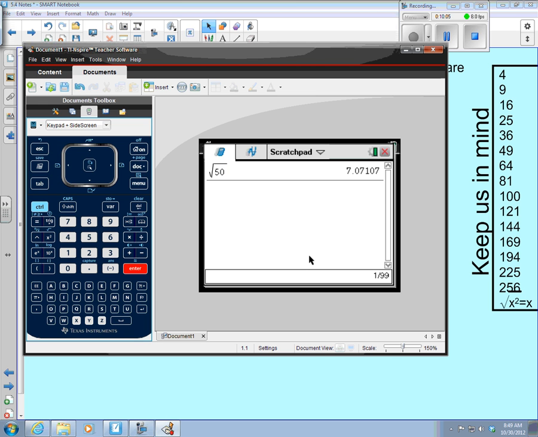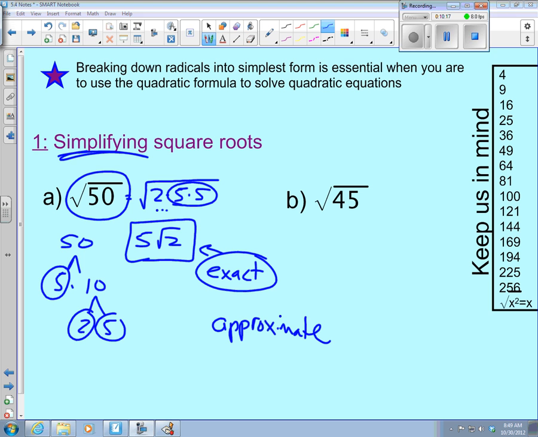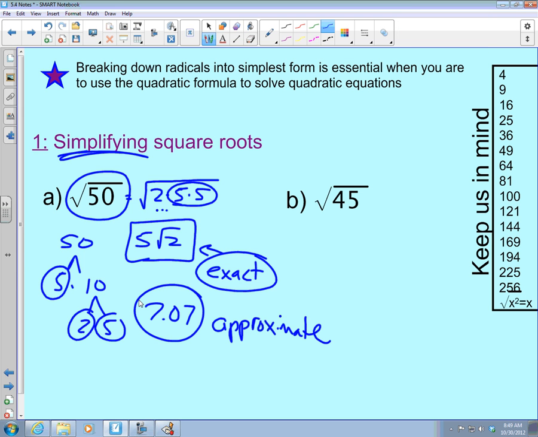Basically, this decimal continues on forever. It's a non-terminating, non-repeating decimal. So the square root of 50, you could say, is 7.07. But that's not your exact answer. That's an approximate answer. Most of the time, we want an exact answer where you just simplify it down as best you can.